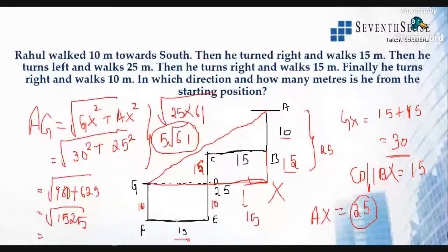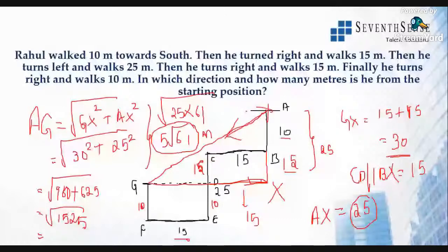Clear? You can just check it out. Solve that, you'll get the answer. All right, I hope anyone has any doubts? So the answer is 5 root 61 meters. And how far is he from the starting point, and in which direction? He's towards southwest.